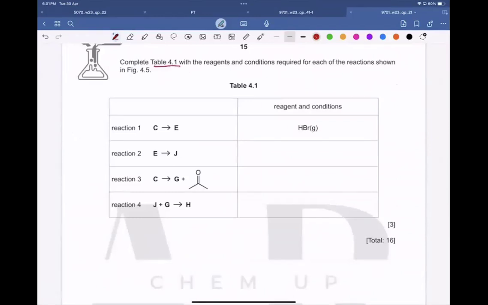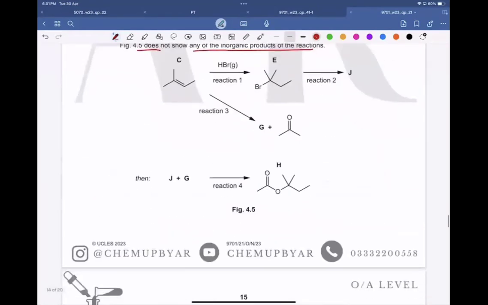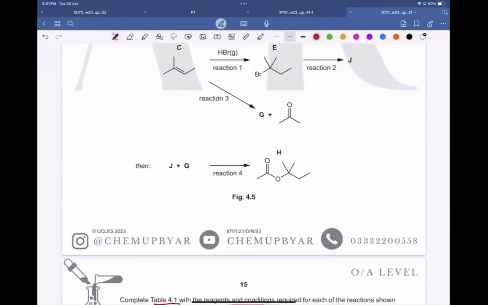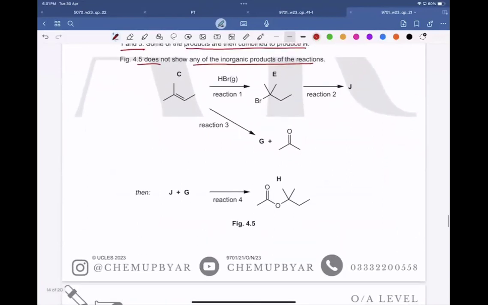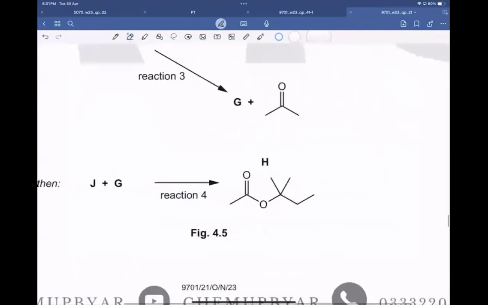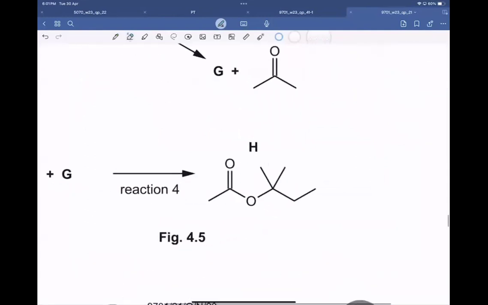Complete table 4.1 with the reagents and conditions required for each of the reactions in figure 4.1. Okay. From C to E, it's HBr and it's reaction 1. If you see H, it's very important. It's an ester, and that ester is actually made from this carboxylic acid and this alcohol.